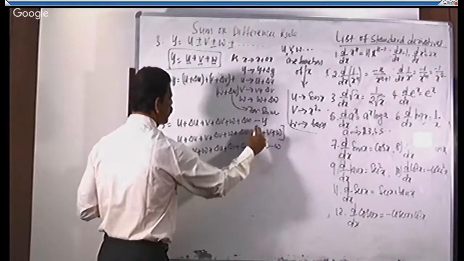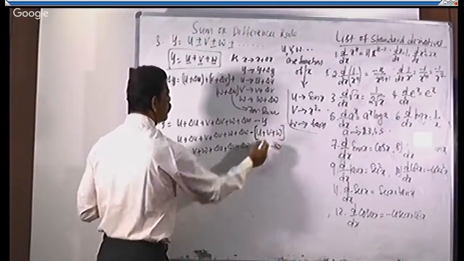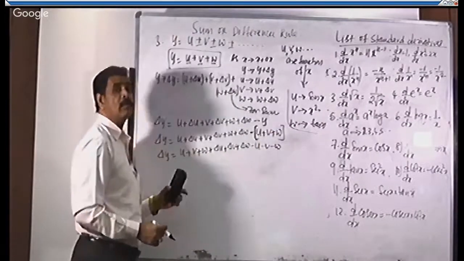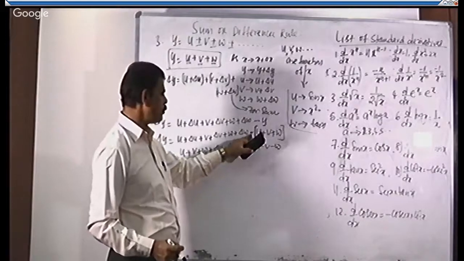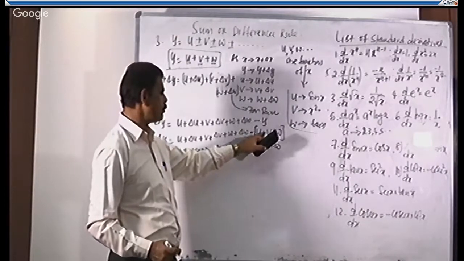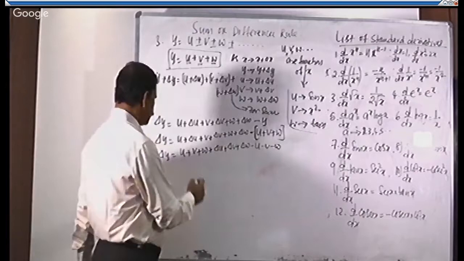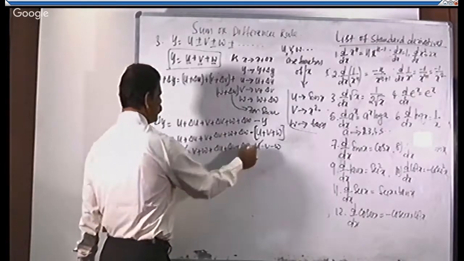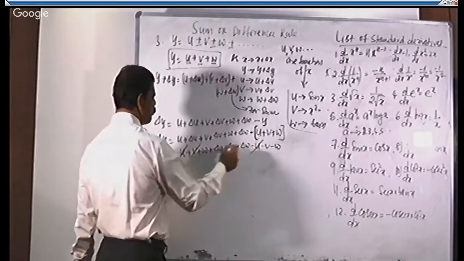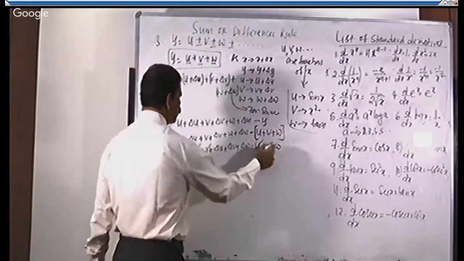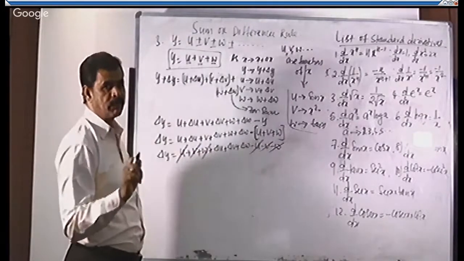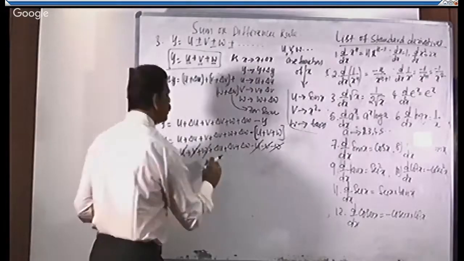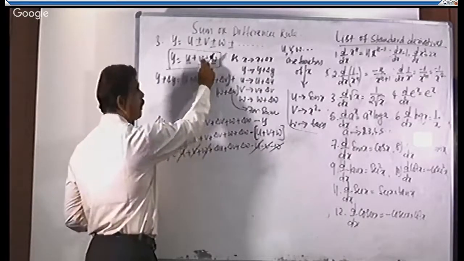If I remove the bracket, I should multiply all the terms inside the bracket with the negative sign, so it becomes minus u minus v minus w. Plus u minus u, plus v minus v, w minus w get cancelled. I have taken it for the sum; the same thing can be extended for minus also.